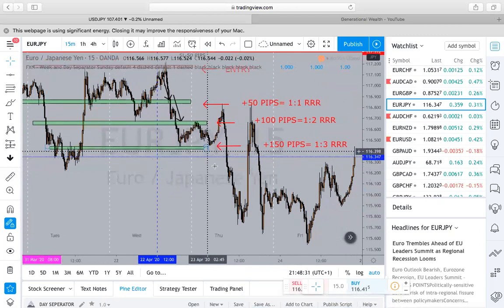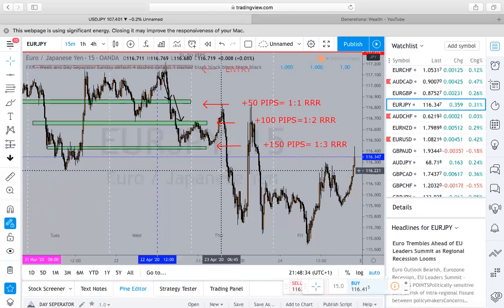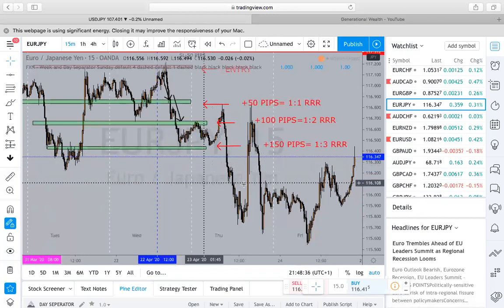Like I said, knowing the ADR, the average daily range, will also help you to determine the risk to reward ratio, just by measuring the ADR on when this pair should reverse. So you should know when to expect to exit your trade.